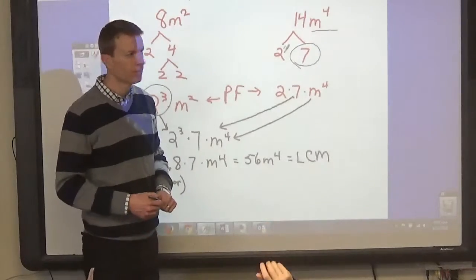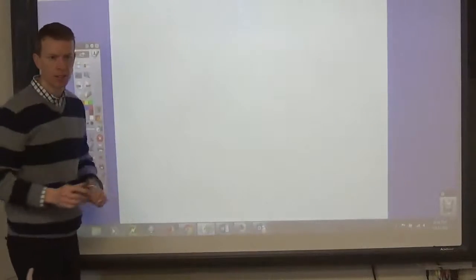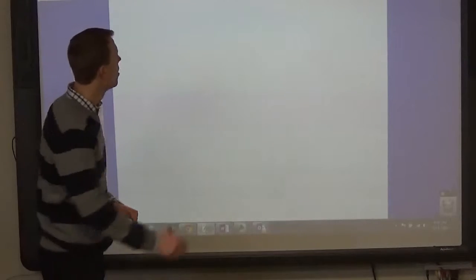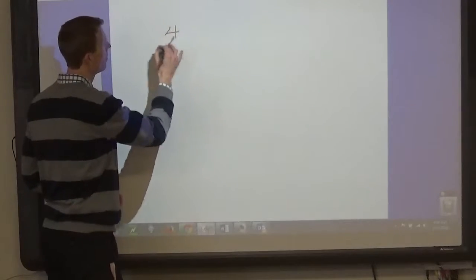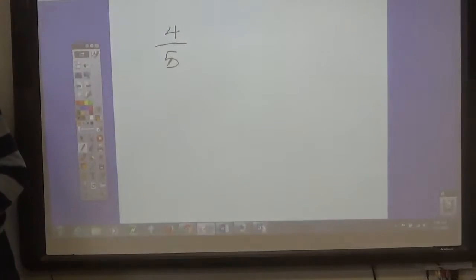Alright? Now, the next section is on comparing fractions. So, in example 4, it talks about how to compare fractions. When you're comparing fractions, you have to have the same denominator.